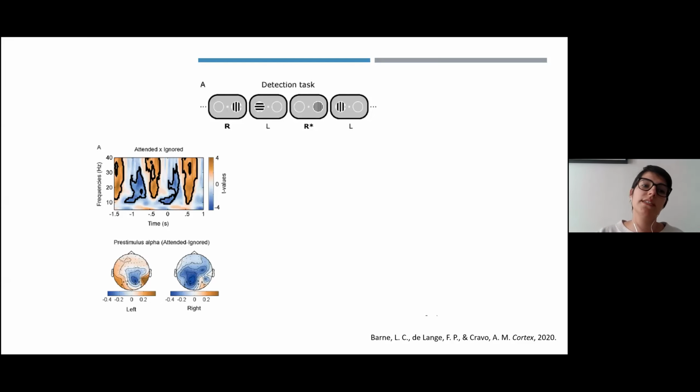Here we see the frequency map, the difference in frequency map between attended and ignored stimuli, and you can see that for attended stimuli, you have less alpha. And here is the topography of this effect. So you see that you have this contralateral effect.